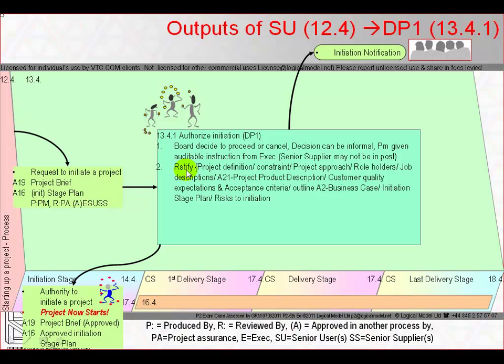Project assurance may do the detailed review of the plans and the brief. Recall particularly the need for business assurance that belongs to the executive, whether delegated or not.